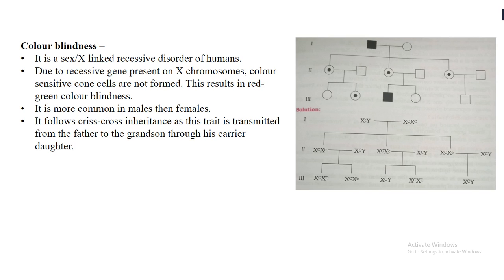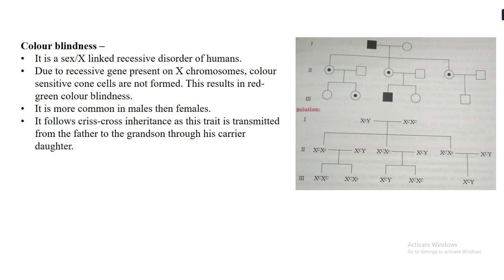This particular gene is transferred from the father to the grandson through the carrier daughter. The daughter acts as a carrier, and the carrier daughter will transfer it from her father to her son. So it is from the father to the grandson through the carrier daughter. This is what crisscross inheritance is.